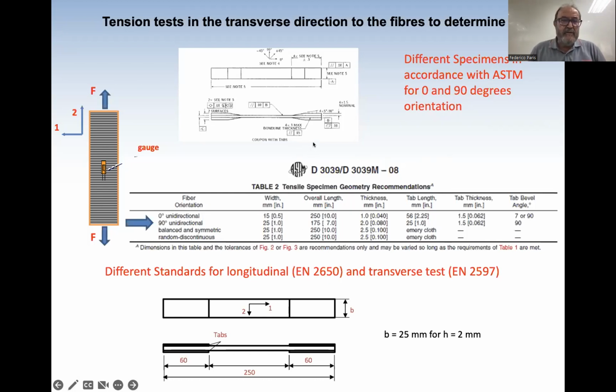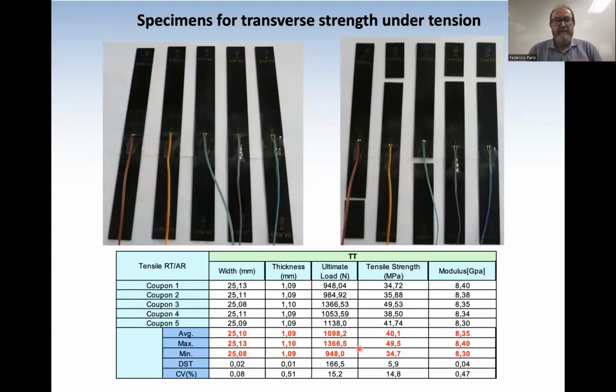With reference to the ASTM standards, the same applies for both cases, although, as indicated by this arrow, the width, overall length and thickness change from unidirectional 0 degrees to unidirectional 90 degrees. With reference to the European standard, you have here a scheme of the specimen to be tested, and some results appear here.